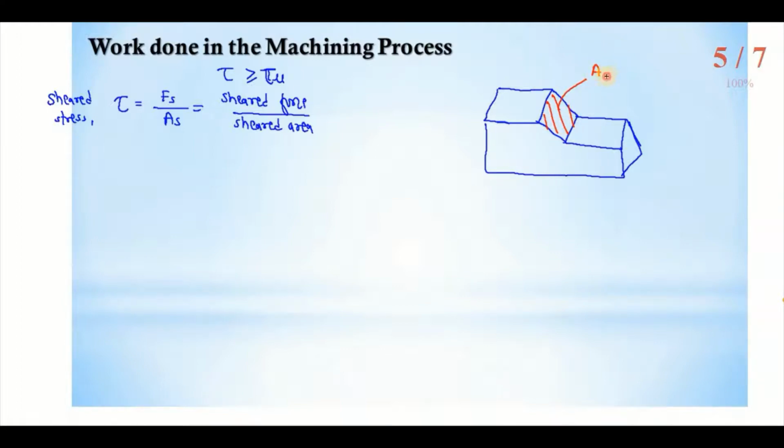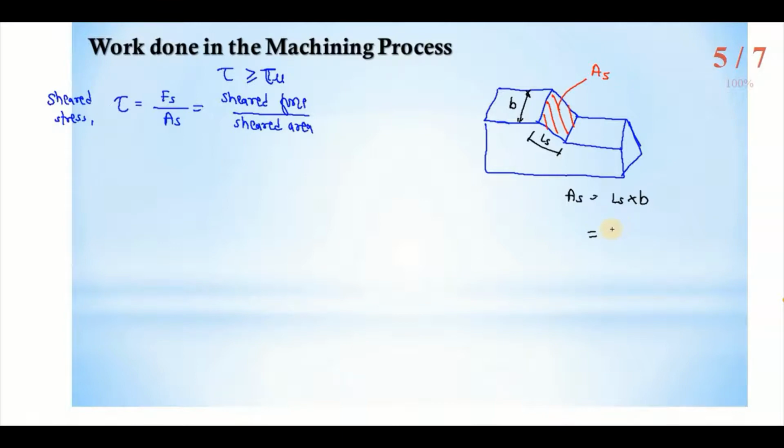This is our As, and this sheared area is width into length of shear, that is length Ls into width B.